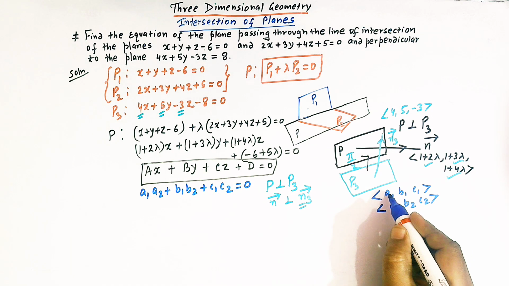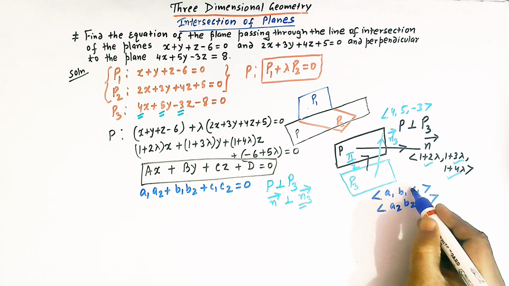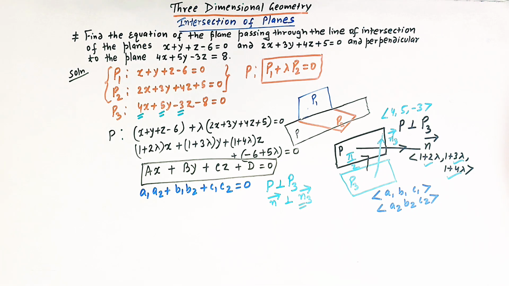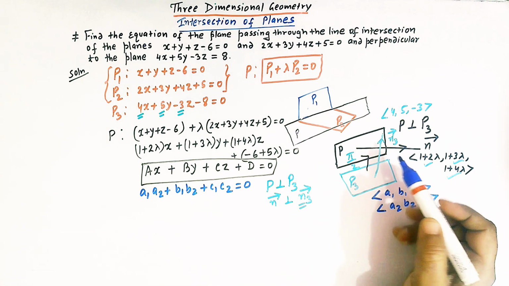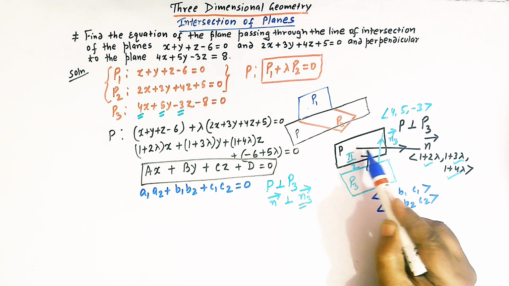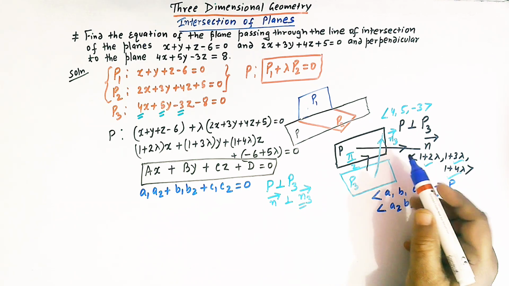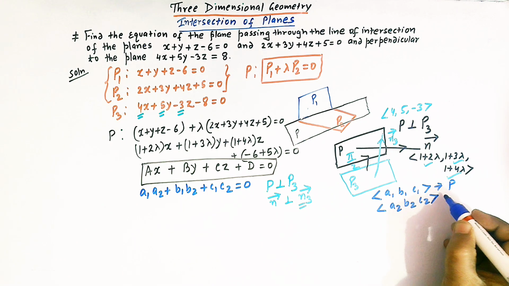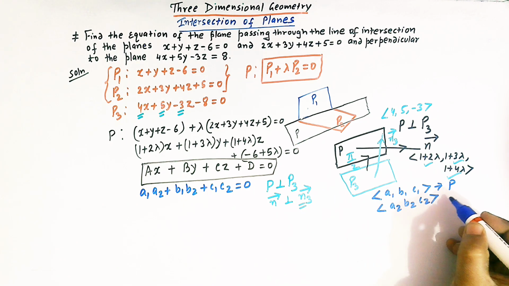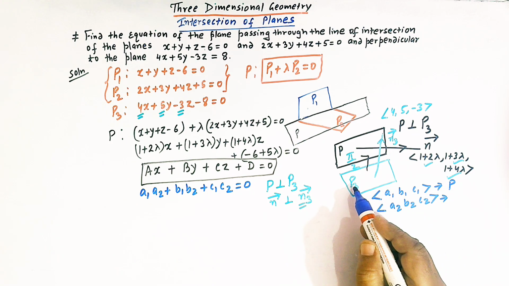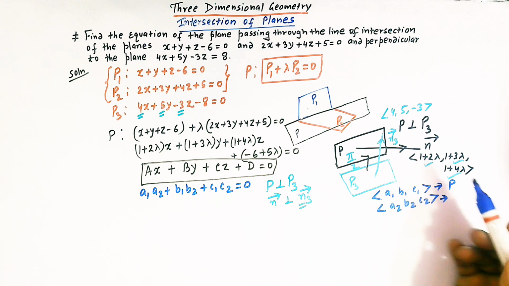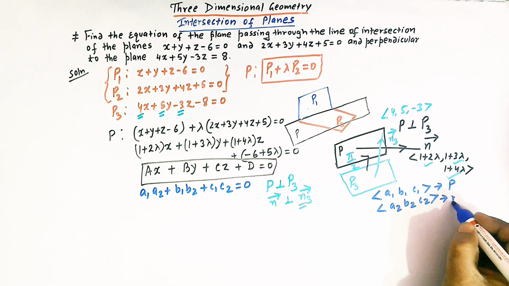It means the dot product of these two should be equal to 0, right? And a1, b1, c1 are the direction ratios of the normal vector to this plane P, and a2, b2, c2 are the direction ratios of the normal vector to this plane P3, right?